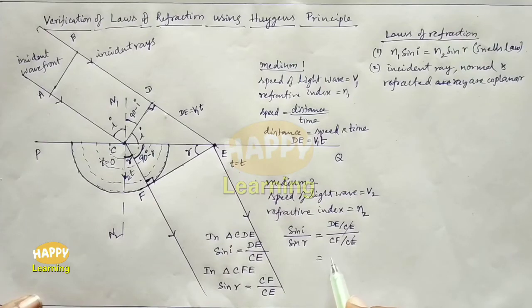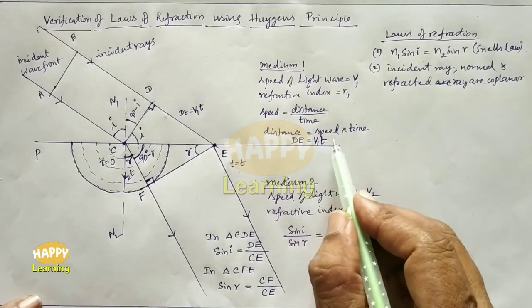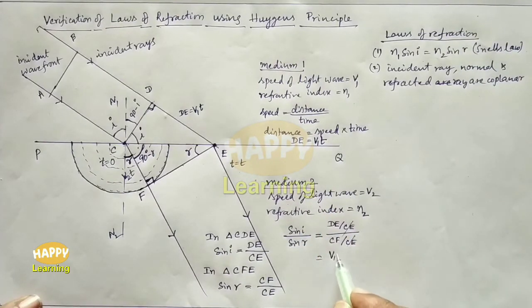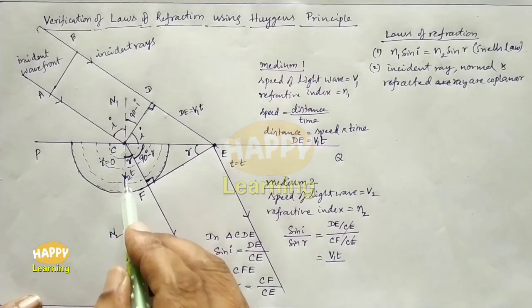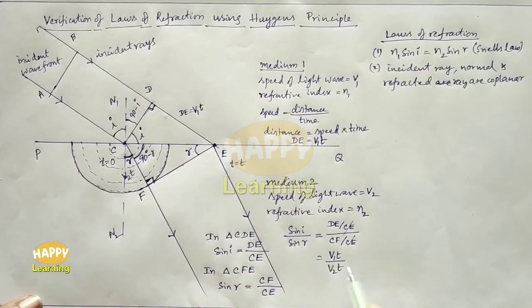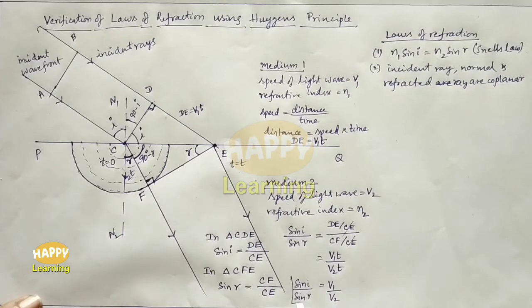So DE means V1T, and CF means V2T. So this is equal to V1 by V2. What is this? Sin I by sin R is equal to V1 by V2, which is a constant. This is a verification of Snell's law.